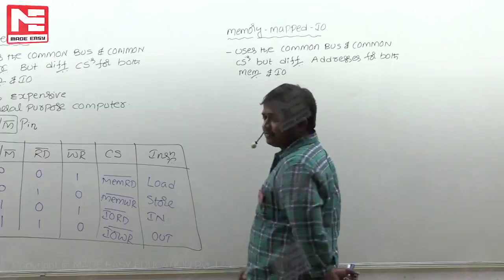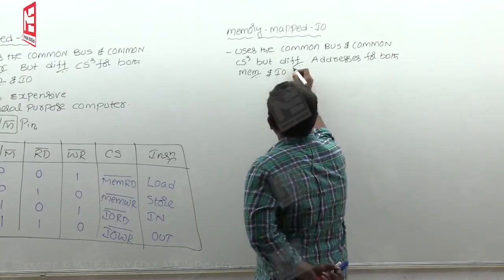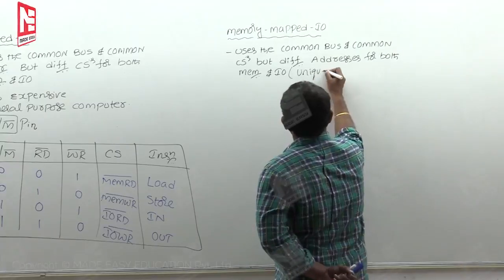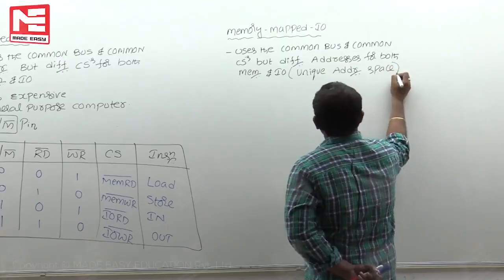So memory addresses are different, IO addresses are different. So we have two different addresses, meaning a unique address space for both memory and IO.